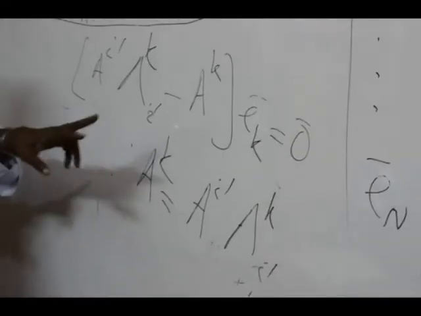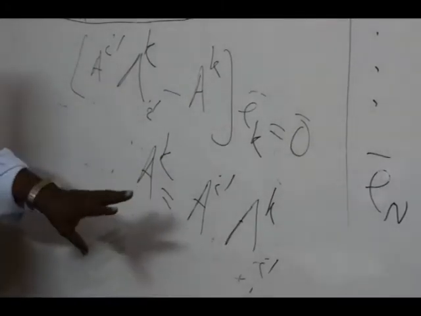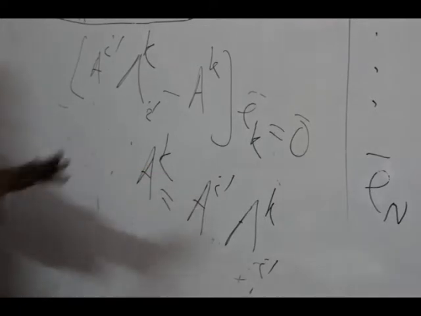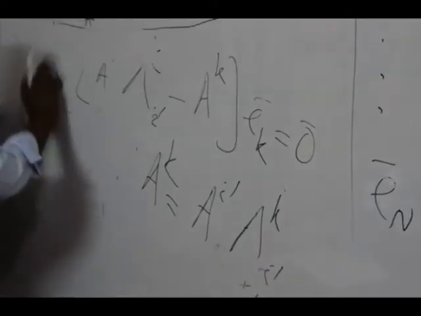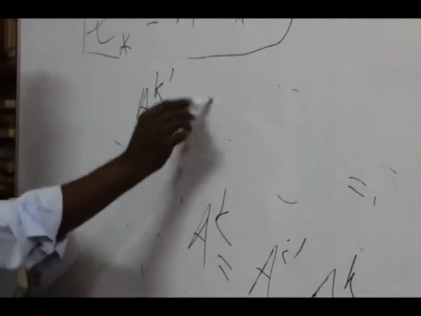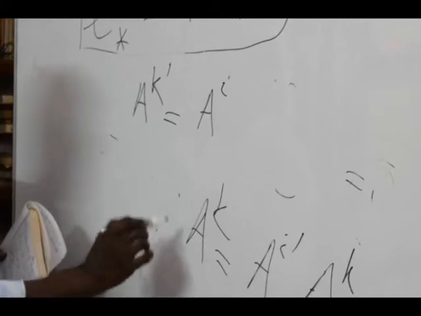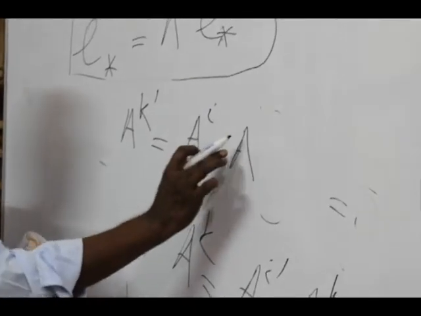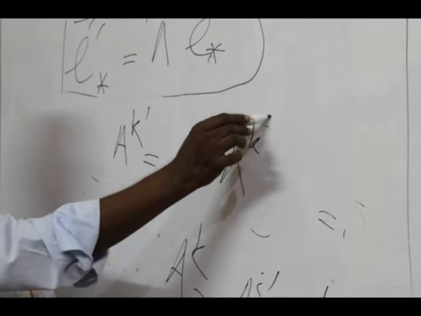Wherever a dash is there, just remove this dash, and wherever dash is not there, you can put dash there, because you can simply change the role of primed and unprimed basis and write ak dash equals say ai lambda k dash i.